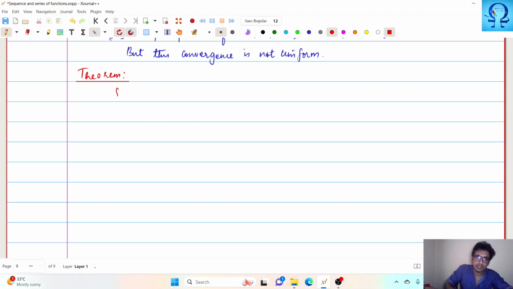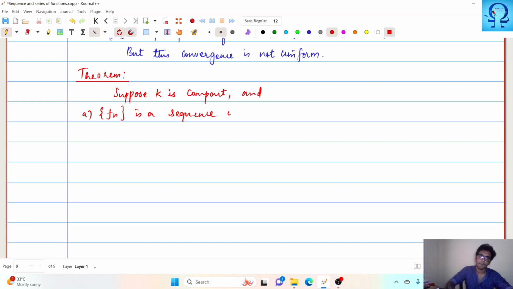that states, suppose K is a compact set and we assume the following hypothesis, that fn of x is a sequence of continuous functions.